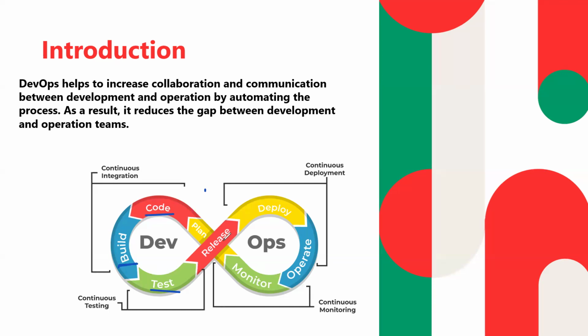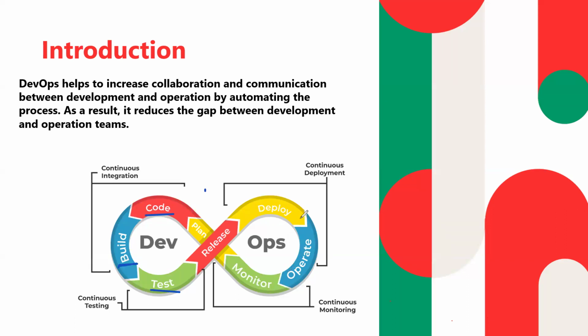Here, as a team or as a developer, your responsibility will be to create a deployment guide, and you need to prepare your code to deploy on the server or the production server. Then we will have the deploy phase, where you will deploy your code on the server. After deployment there will be some other tasks also, like operating the code and monitoring the code.